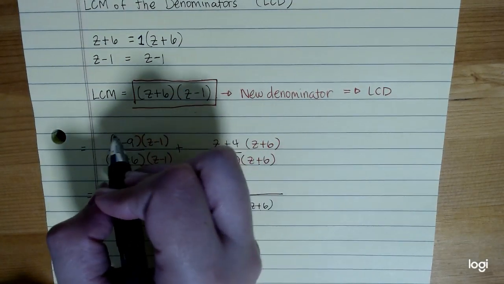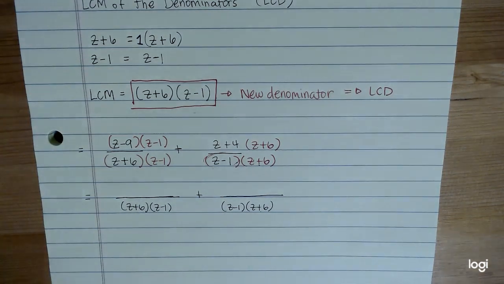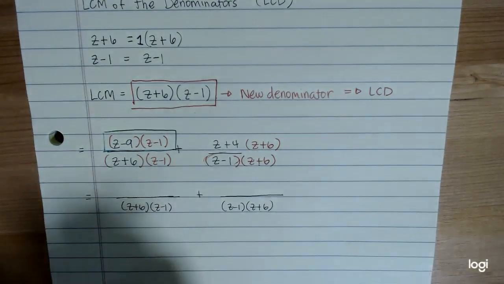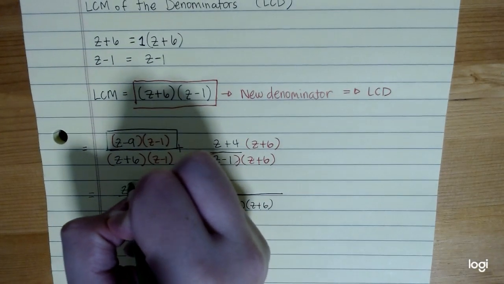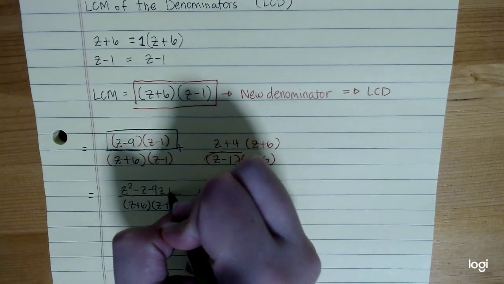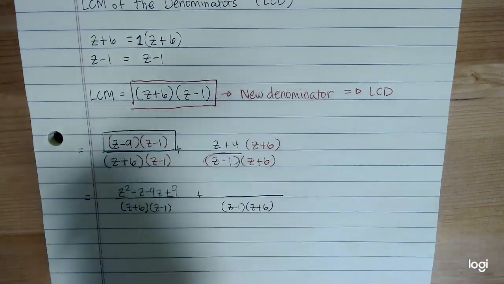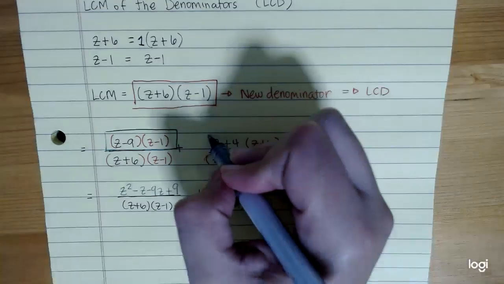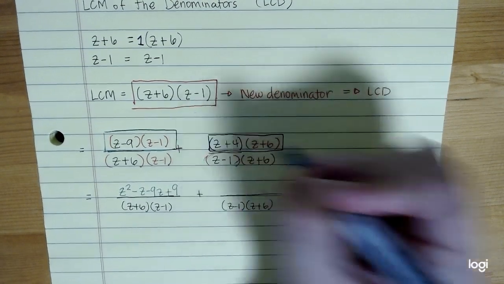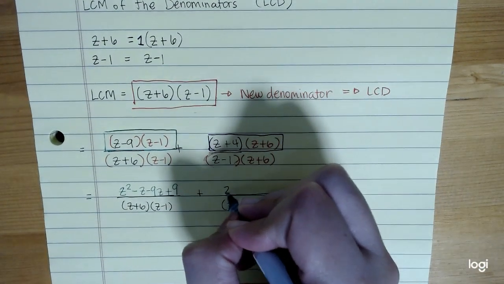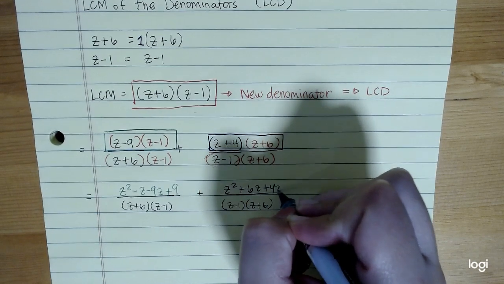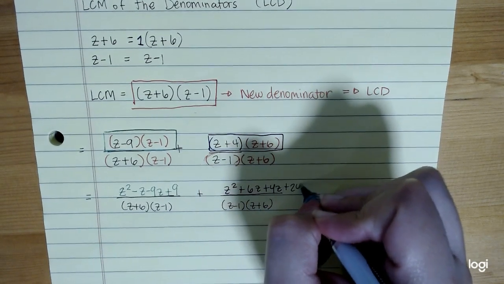So if I'm multiplying z minus 9 times z minus 1, I get z squared minus z minus 9z plus 9. And then when I do my multiplication in the numerator of my second rational expression, I do need to put parentheses around that to be a little bit more clear. z squared, 6z, 4z, and then I get a 24.